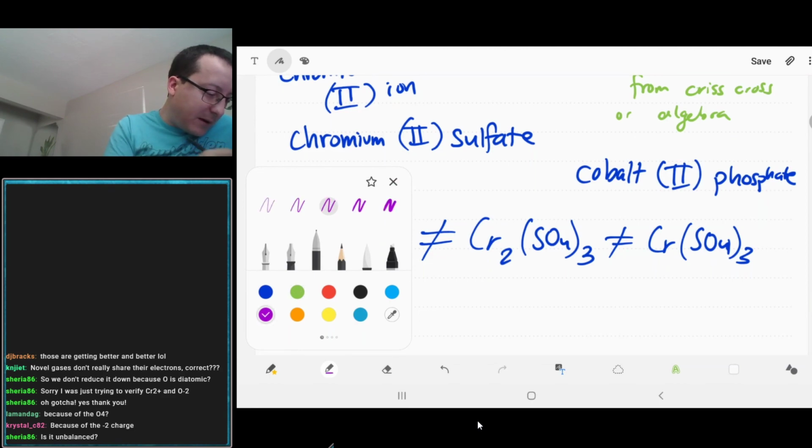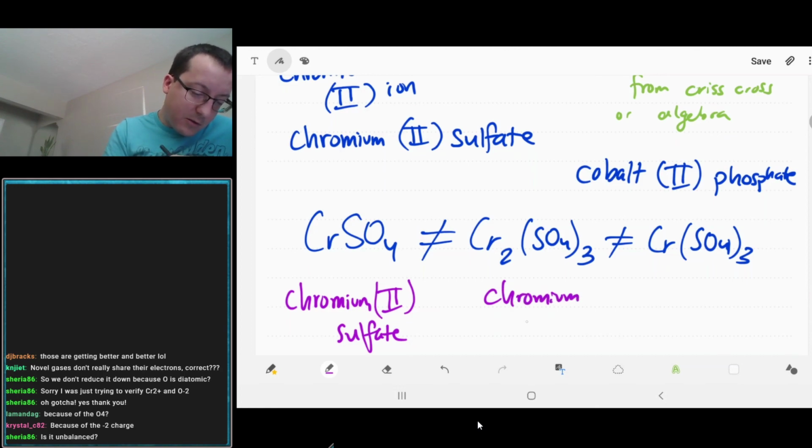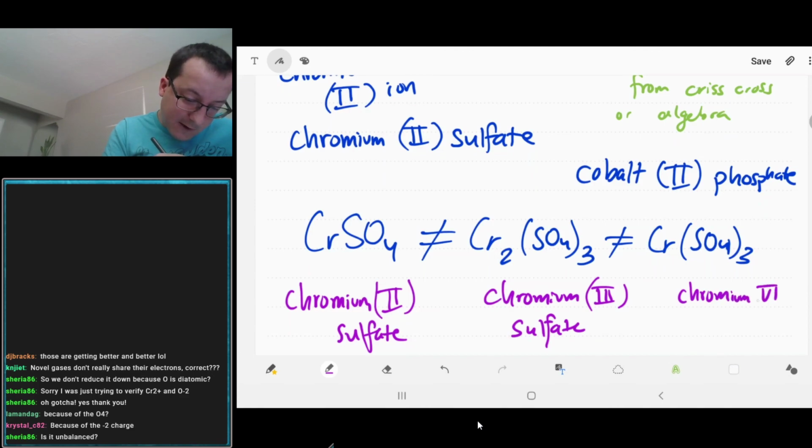You know, this one would be chromium 2 sulfate. This one would be chromium 3 sulfate. And this one is going to be chromium 6 sulfate.